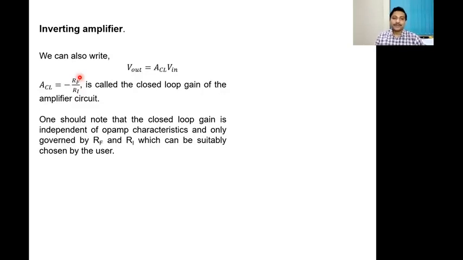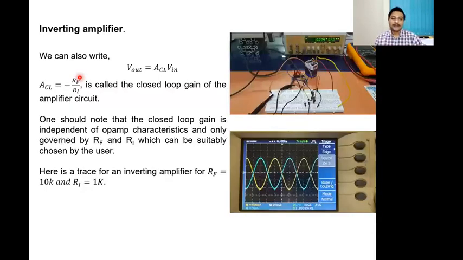Because the operational amplifier is a prefabricated IC, and for a given architecture, its internal characteristics cannot be changed. However, external elements like RF and RI are completely under user control. So the user now has control over the gain of the circuit, right? And this can be used as a versatile amplifying stage, which has user controlled gain.